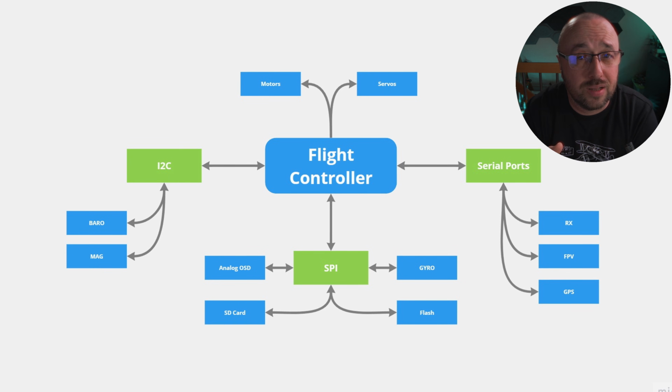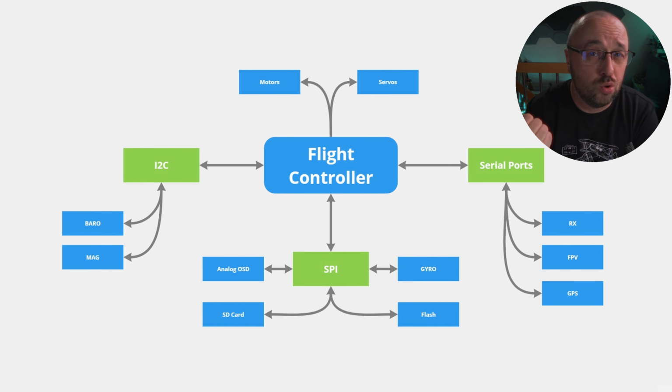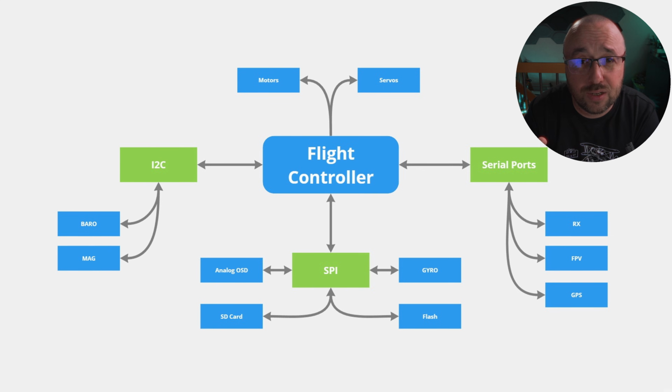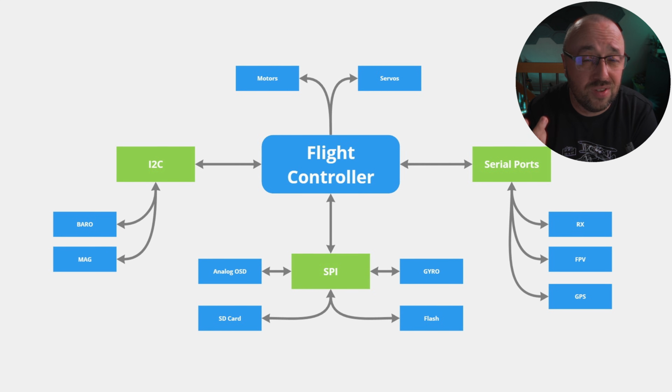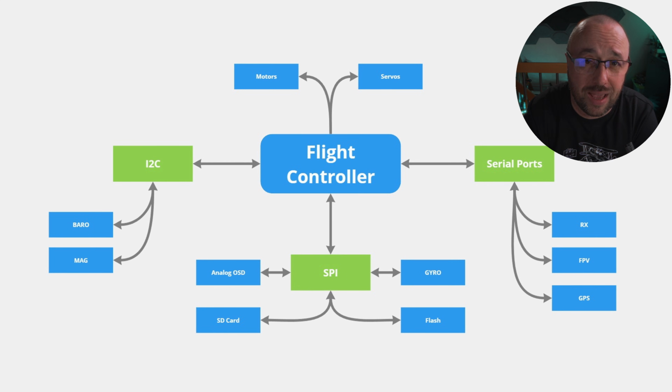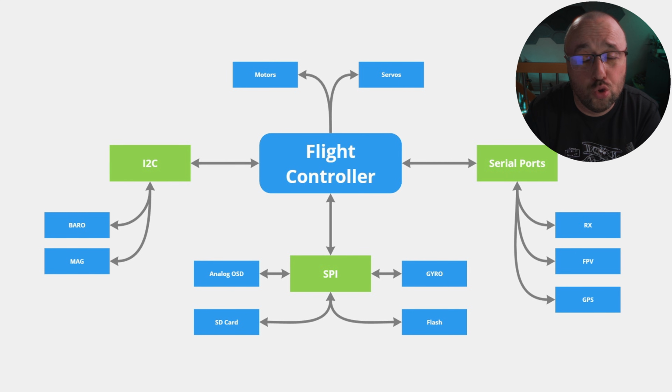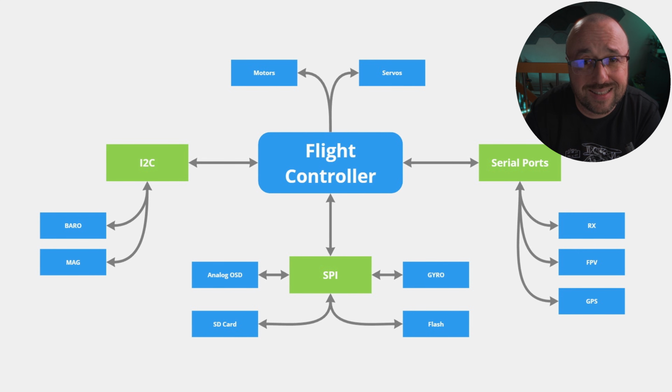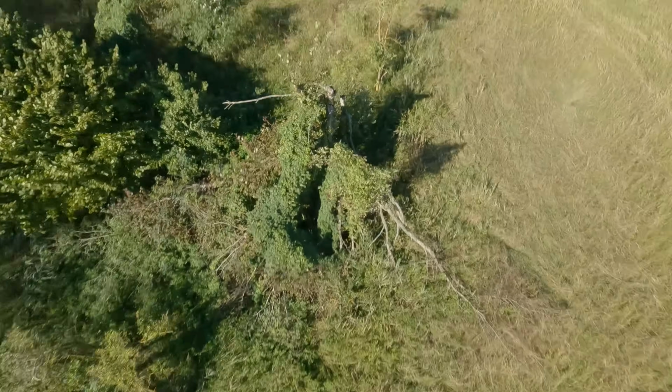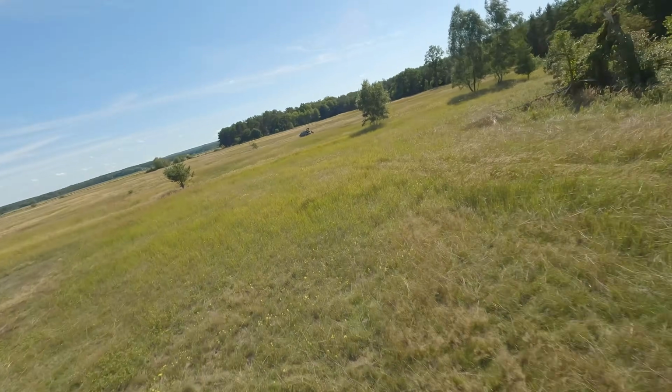The external elements would be a radio receiver, GPS module, magnetometer, digital FPV, analog FPV, you name it. And of course, outputs are used to connect motors and servos. The multirotor drones achieve stability thanks to very precise driving of the rotation speed of each of the motors, while the airplanes do the same thanks to the servos and the control surfaces that they drive.